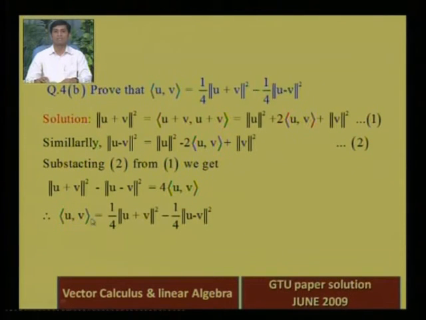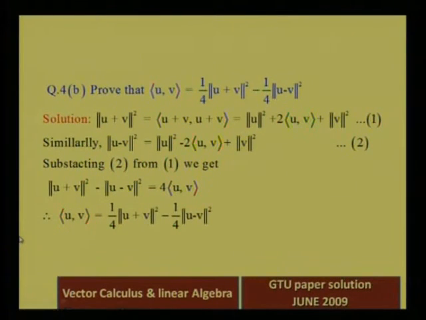So norm of u plus v squared minus norm of u minus v squared is equal to 4 times the inner product of u and v. So the inner product of u and v is equal to norm of u plus v squared divided by 4 minus norm of u minus v squared divided by 4, and that is what we actually needed to prove, right? So here is the proof of this simple result. So question 4b is complete.